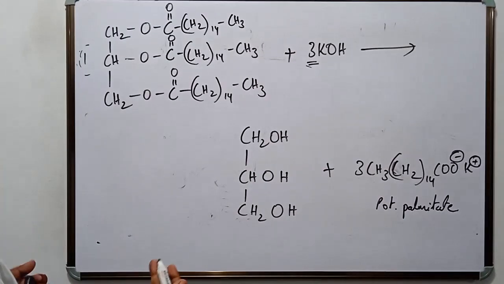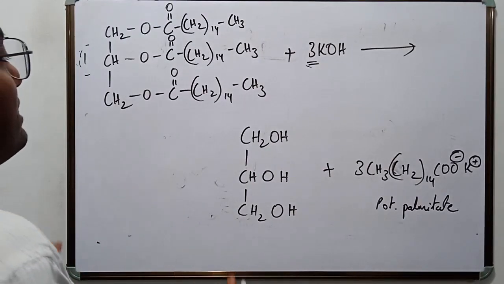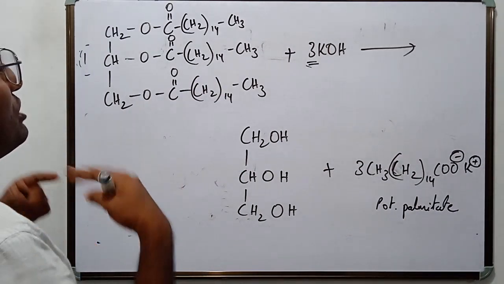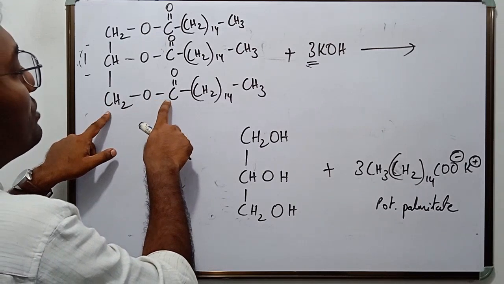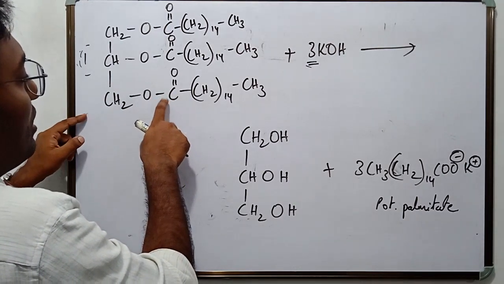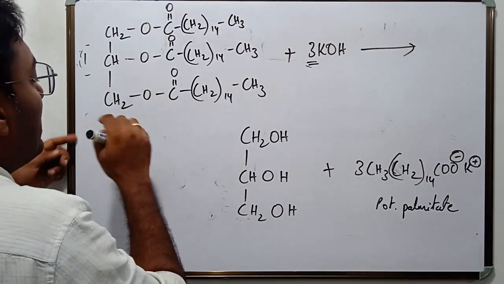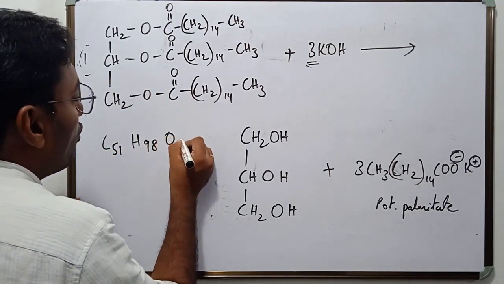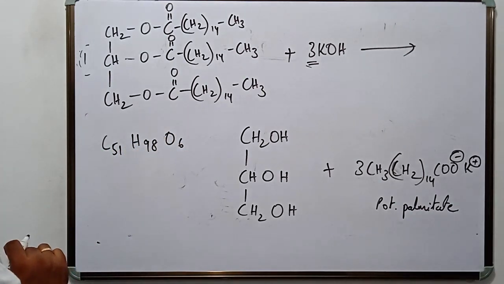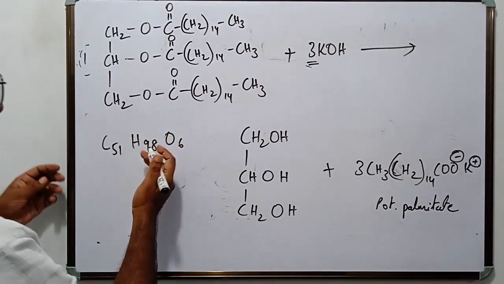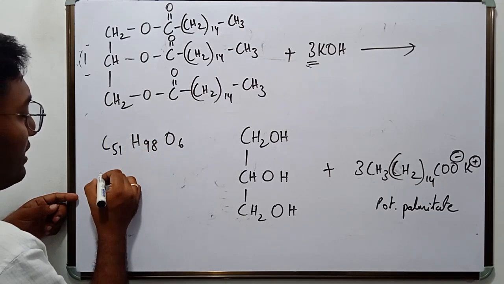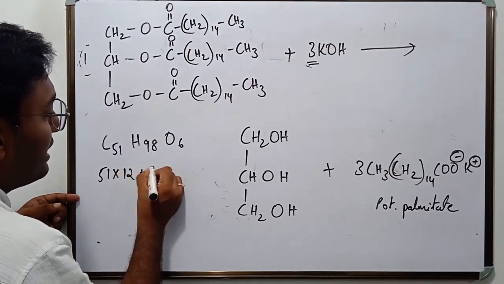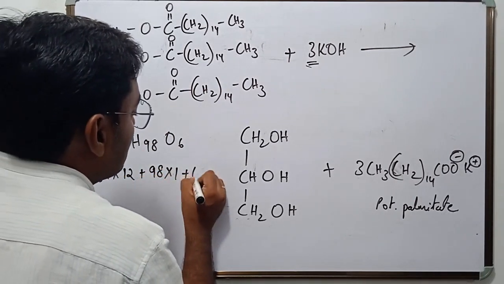Fine. So I have saponified glyceryl tripalmitate and I got the soap molecule potassium palmitate. Now let us try to determine theoretically. First I said to you that for theoretical determination, you need to know the molecular formula. The molecular formula for glyceryl tripalmitate is C51H98O6. Now you need to calculate the molecular weight. You know 51 into 12 plus 98 into 1 plus 6 into 16.